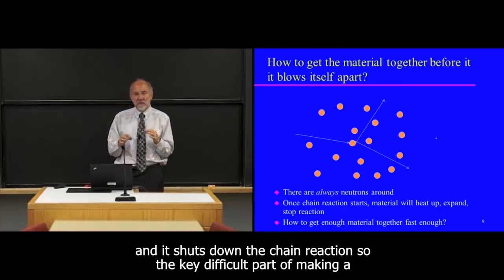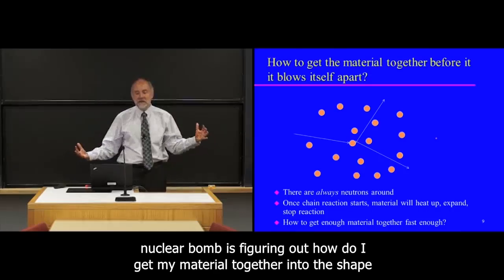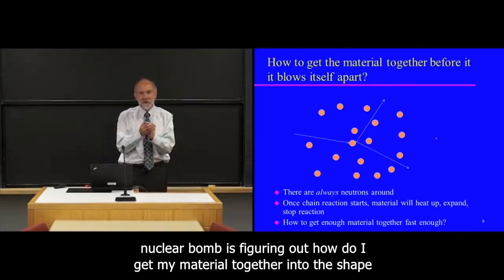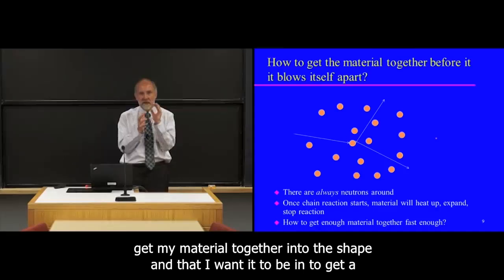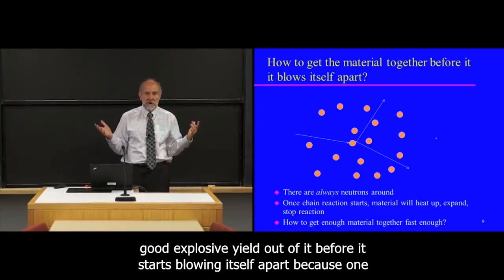So the key difficult part of making a nuclear bomb is figuring out how to get my material together into the shape that I want it to be in to get a good explosive yield out of it before it starts blowing itself apart.